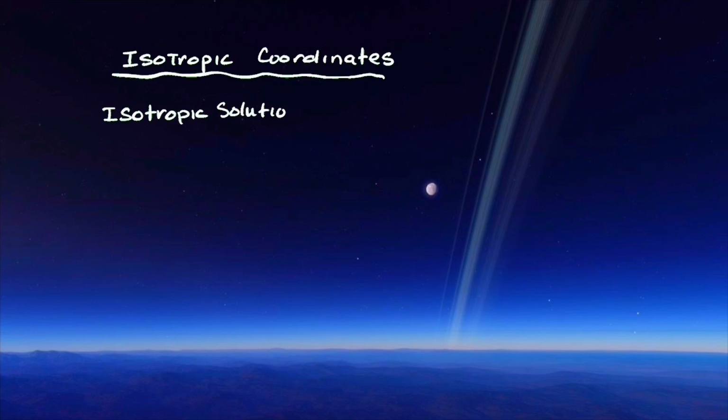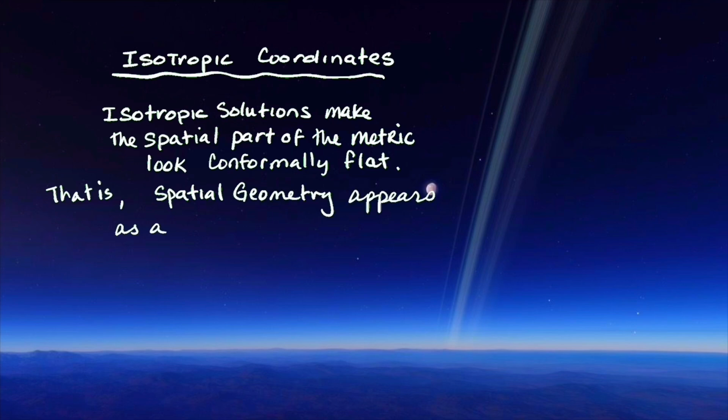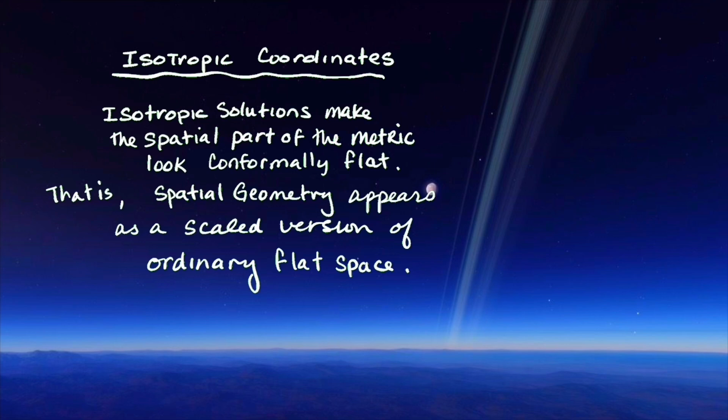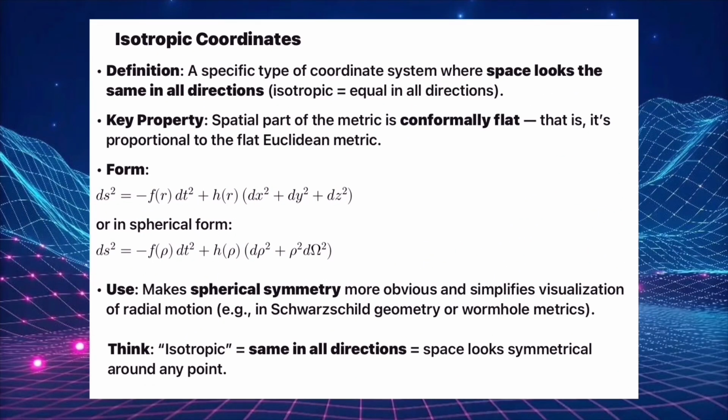Isotropic coordinates. Isotropic solutions make the spatial part of the metric look conformally flat. That is, spatial geometry appears as a scaled version of the ordinary flat space. So what are isotropic coordinates? A specific type of coordinate system where space looks the same in all directions, isotropic, equal in all directions.